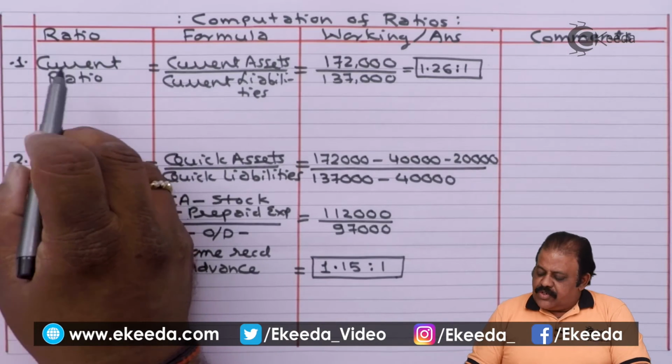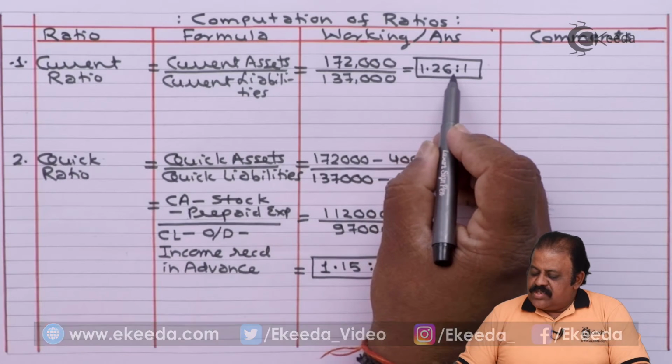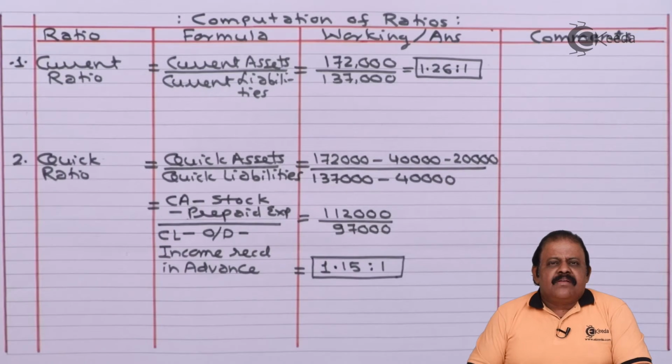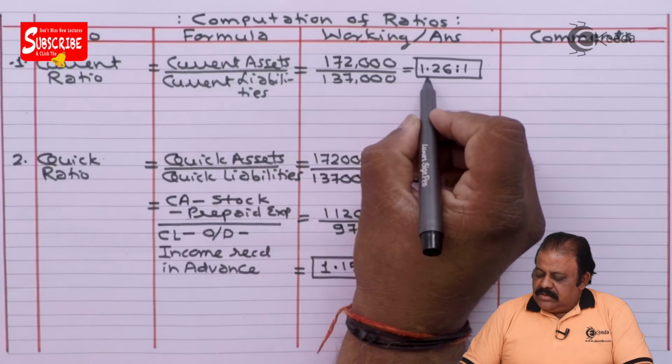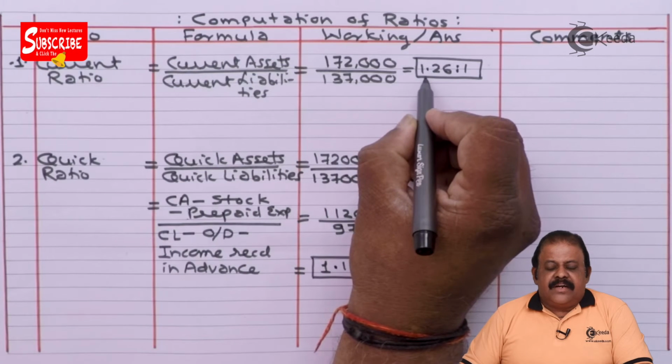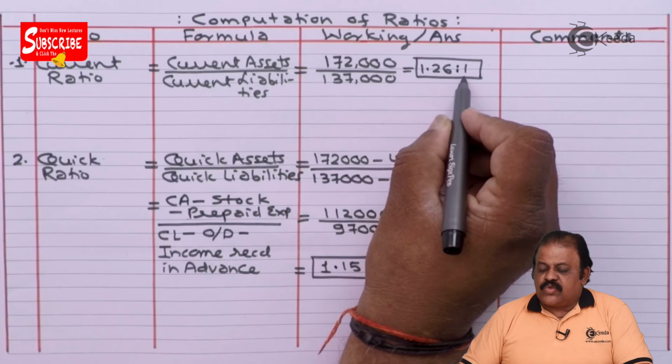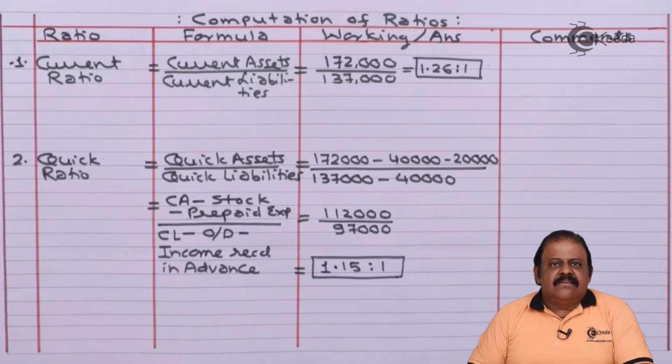First we have current ratio 1.26 is to 1. Standard current ratio is 2 is to 1. Here company is having current ratio 1.26 is to 1, that is less than the standard.